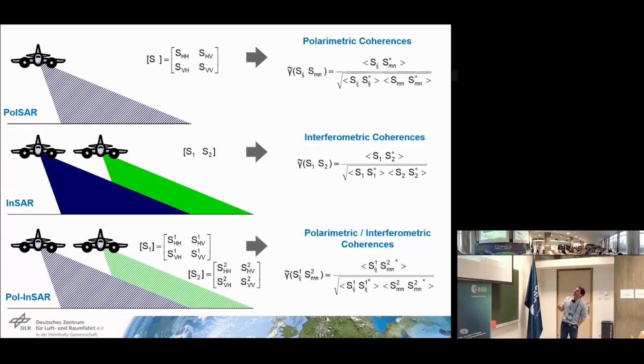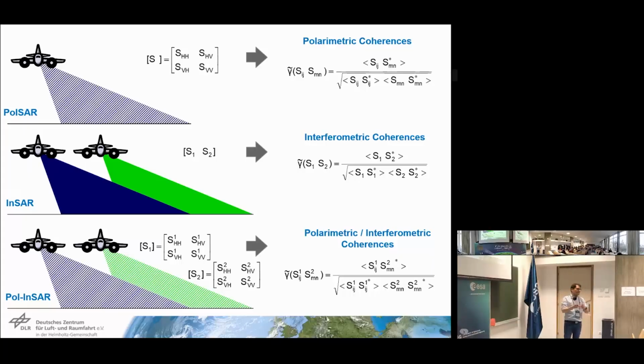When you go to interferometry, you take the first image and the second image. Suppose that here you don't have polarimetry, just one polarimetric channel. Therefore, here you calculate the coherence between just these two images.